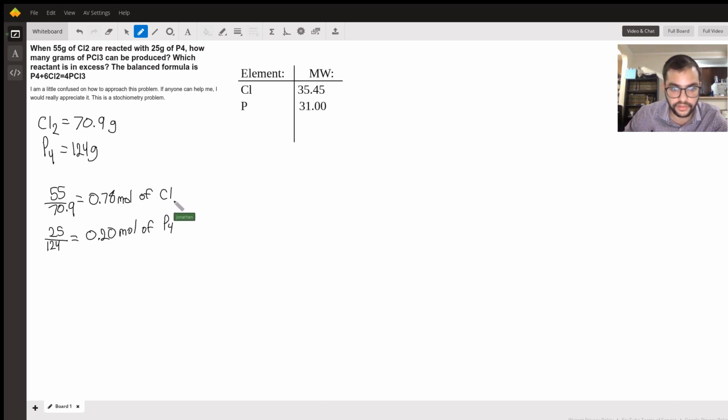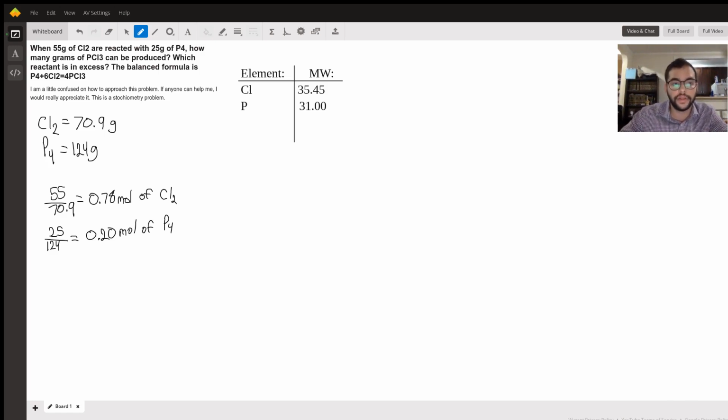Okay, so now we know the numbers of each thing that we have, the number of Cl2 and the number of P4. So now we can put that into our equation and see which one is the limiting reagent.